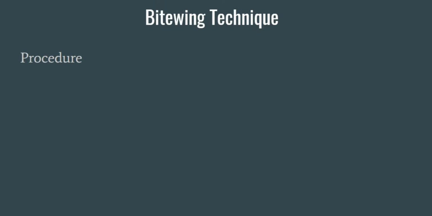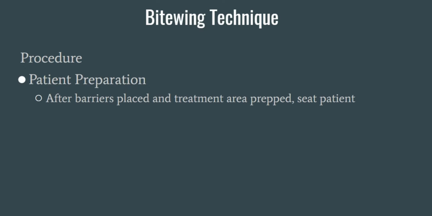For the procedure, the first thing you're going to do, like always, is prepare the patient. After any barriers have been placed and the treatment is prepared, you seat the patient. Then you will place the lead apron, explain the procedure, and ask them to take anything that's removable out of their mouth.